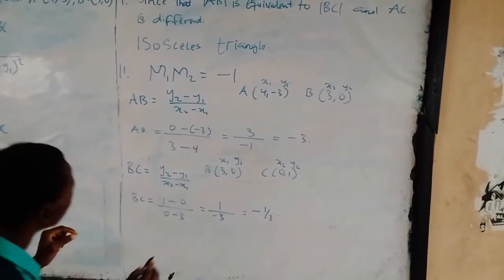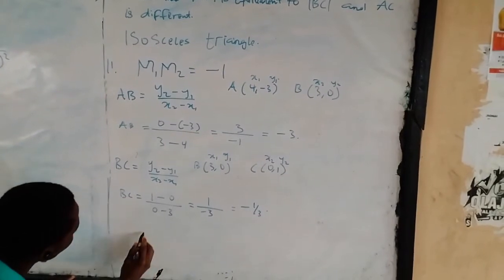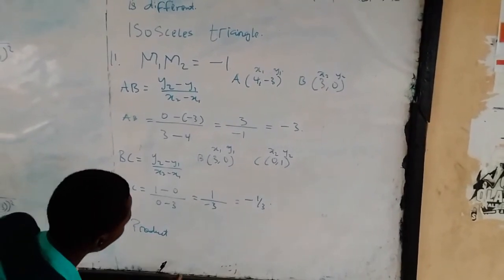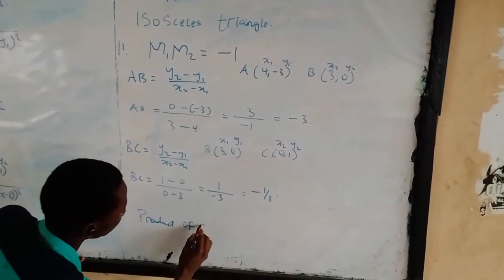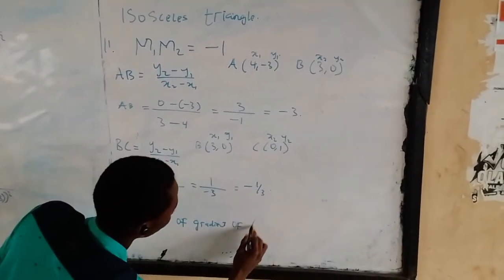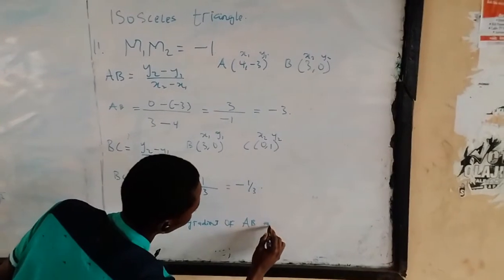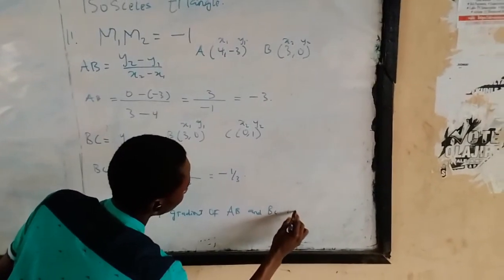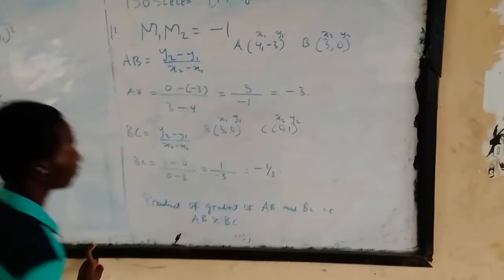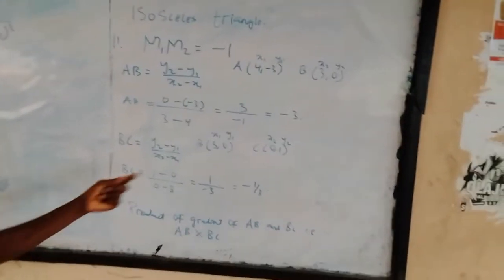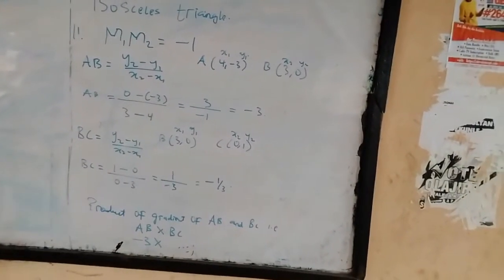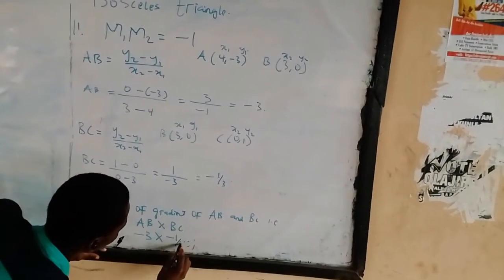So the product of the gradient of AB and BC: the gradient of AB is minus 3, multiplied by the gradient of BC, which is minus 1 all over 3.